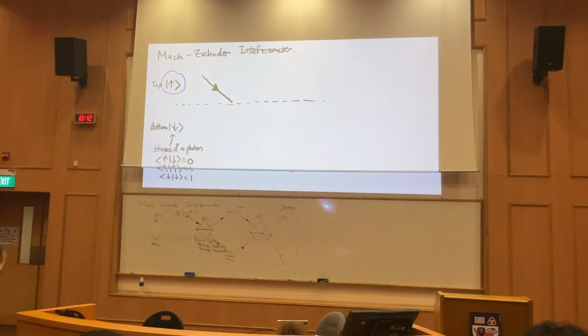Okay, let's start with the detector. What is a detector? It is going to decide if the beam is up or down, right? So how would you model the detector? We know the detector is going to do a measurement, and the measurement is going to be denoted by a Hermitian operator.